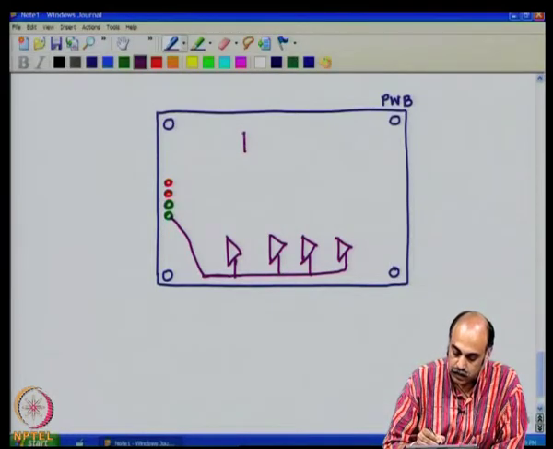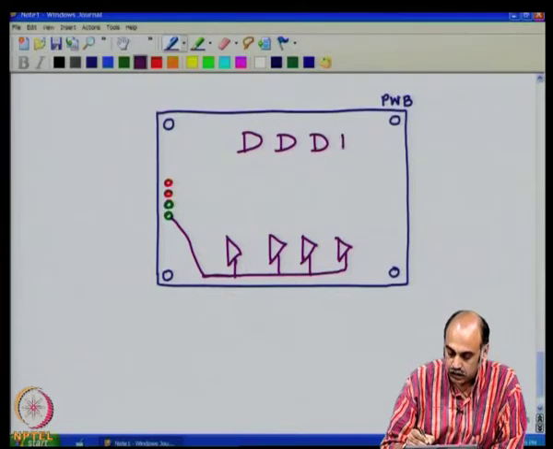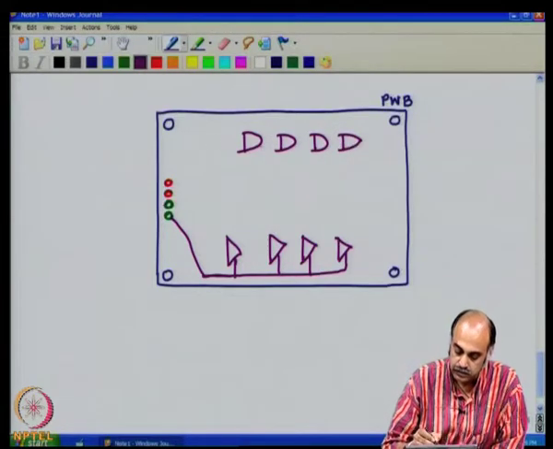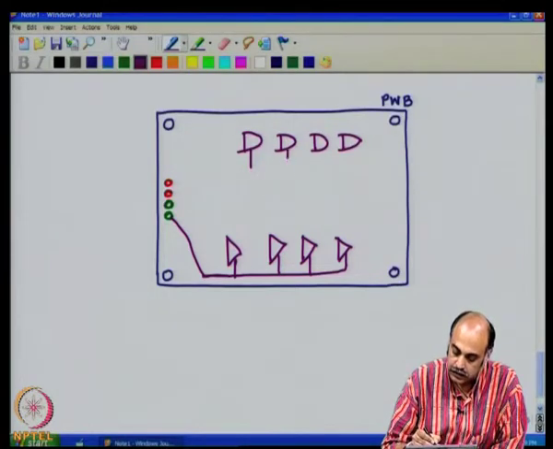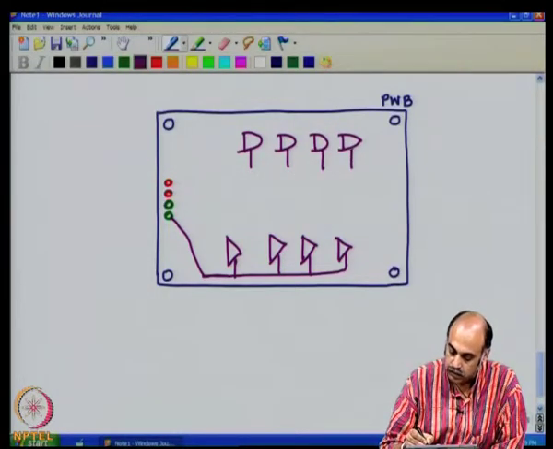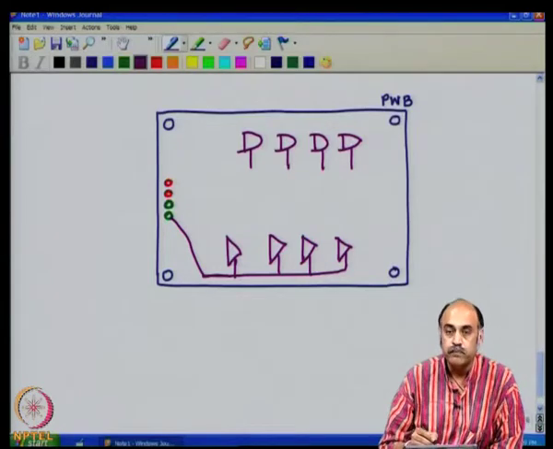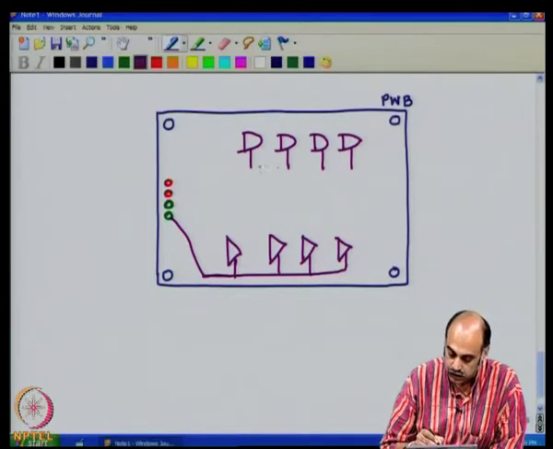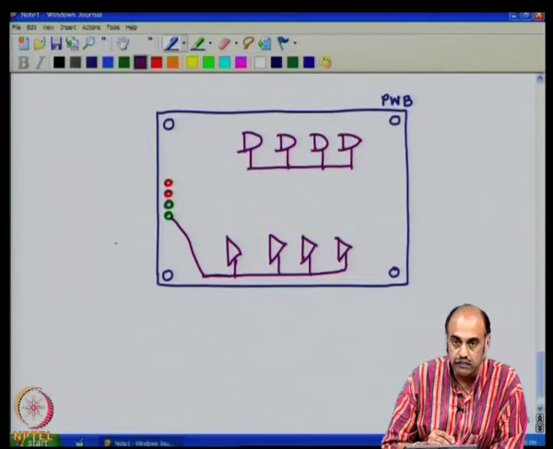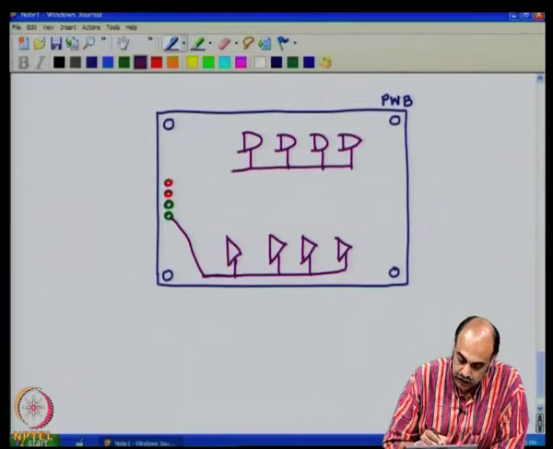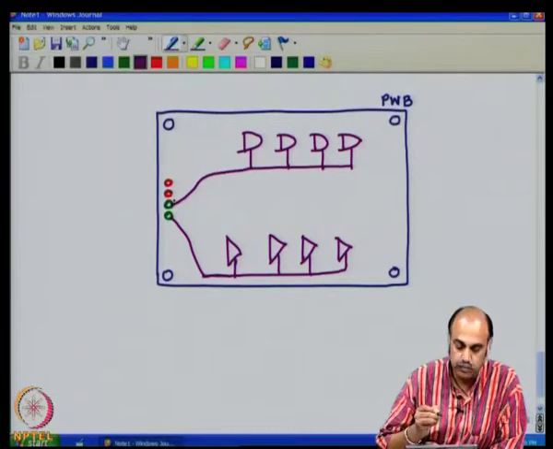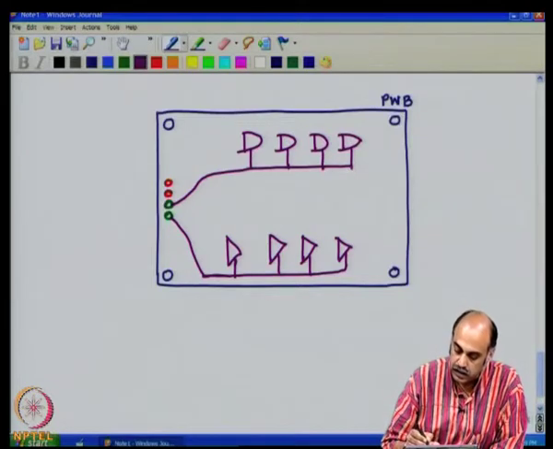Then let us say you have all the digital parts, just indicating by some gates. Now, all the digital circuits could be discrete ICs or microcontrollers, processors. All the grounds of the digital part, bring it separately to this point. Do not connect any of the digital part to this ground.